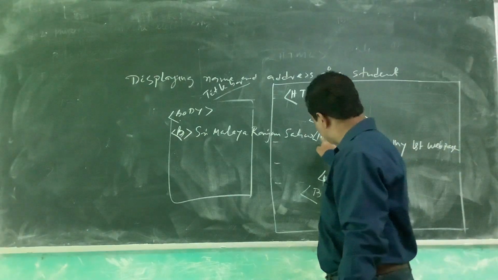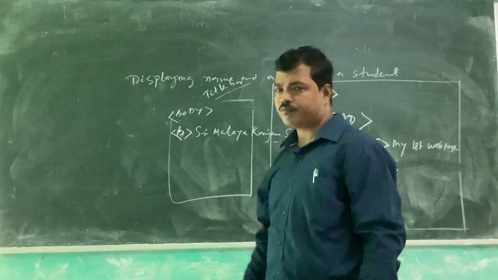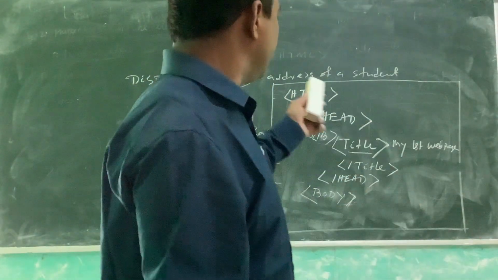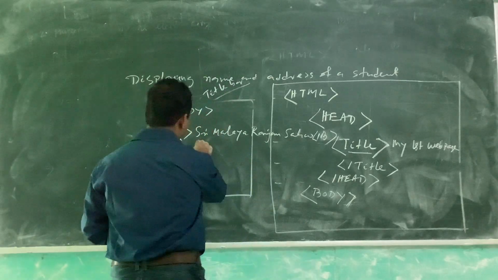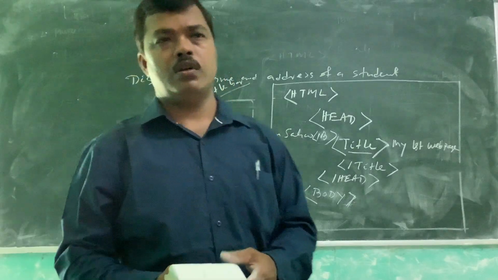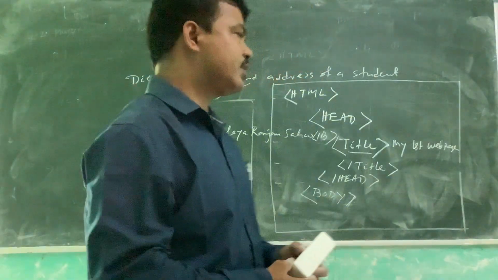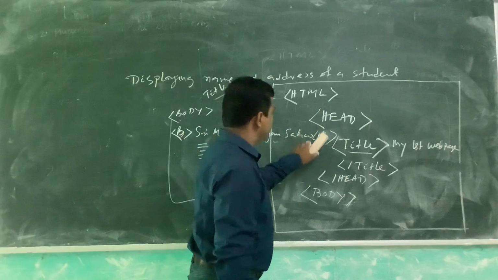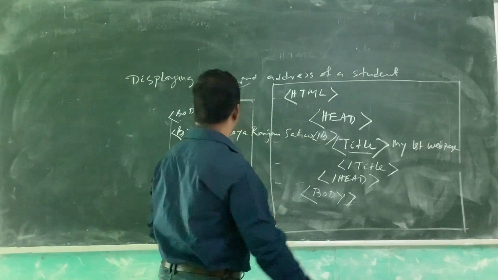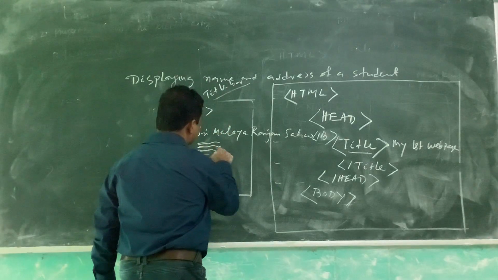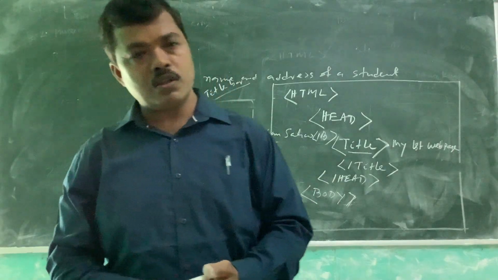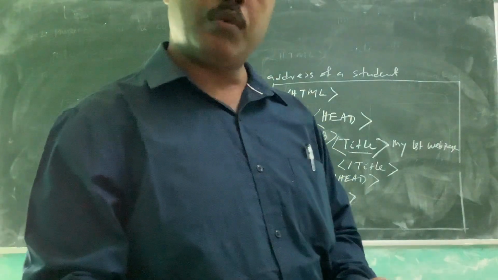If you are not ending the B tag, then what you type will also appear in bold face. That means if the slash B tag or closing tag is not written and the addresses are there, all the addresses will also appear in bold face.